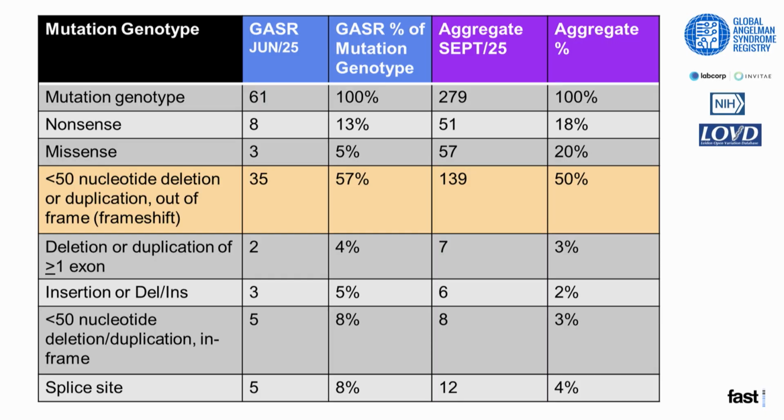But then we wanted to broaden that. So we looked in a number of other data sets, and we ended up with a total of 279 different UBE3A mutations that we classified and characterized based on what they do to the gene itself and then what they do to the protein. For more details about this, I'm happy to go through it. It's all on my poster in the poster session.